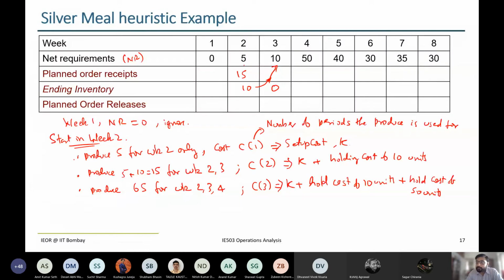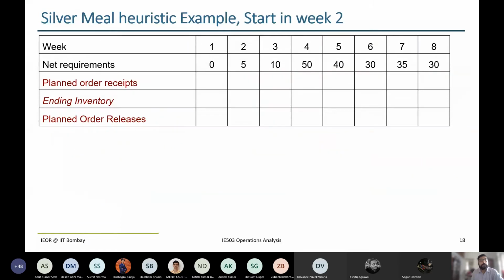Now coming back to this example, let's see what will happen here. Suppose I start in week 2. Why start in week 2? Already we said week 1 is 0, so I'm just going to ignore it. It's already written here.